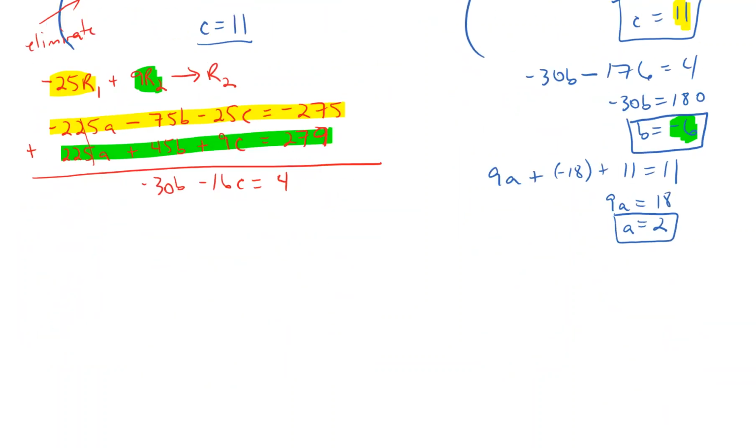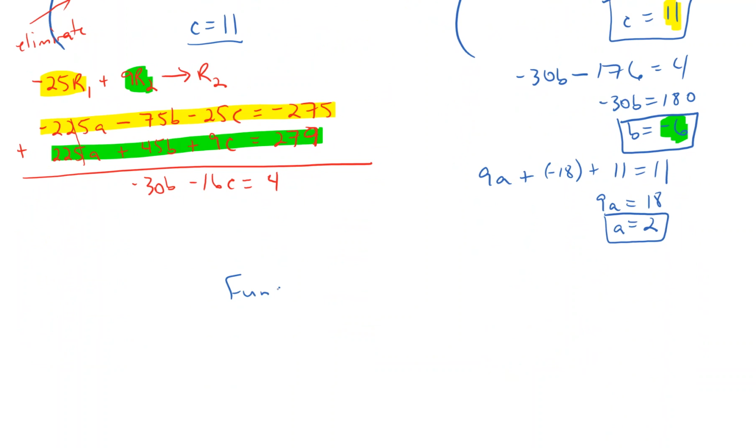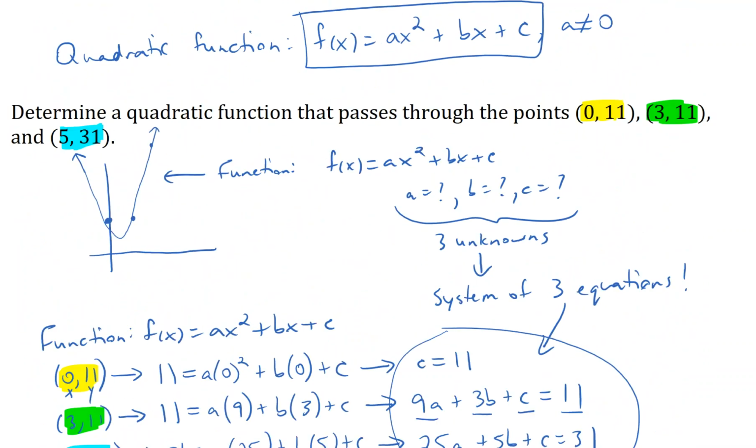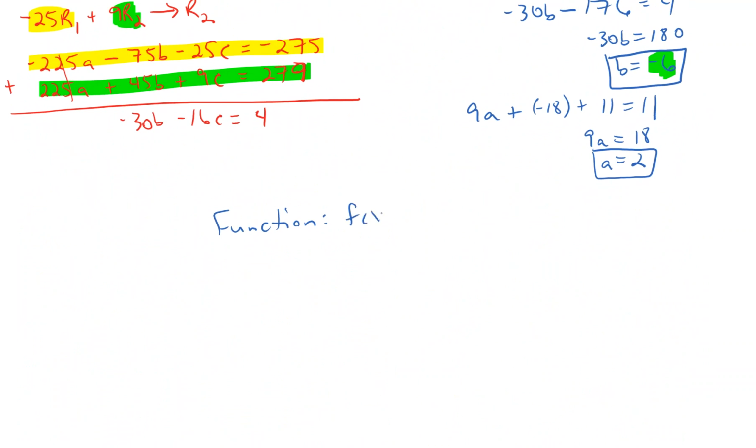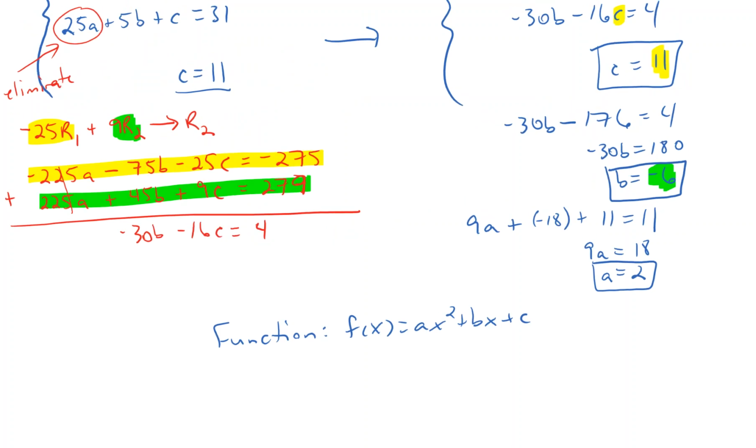Now, remember, our goal is to get the quadratic function that passed through the 3 points that we had to start with up here. Well, the quadratic function's form looks like this: f of x equals ax squared plus bx plus c. And now I have my a, b, and c values, so the specific function in this problem is, well, a is 2, so I've got 2x squared. b is negative 6, so I've got minus 6x, and c is 11.